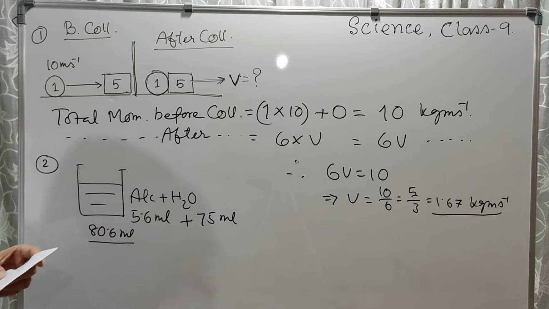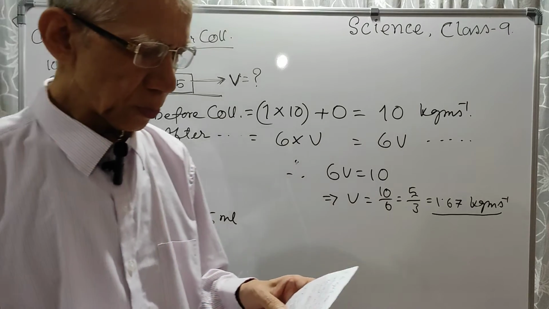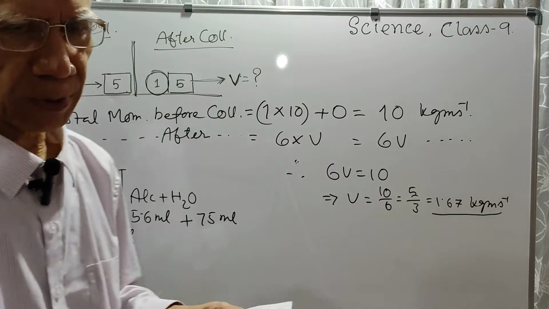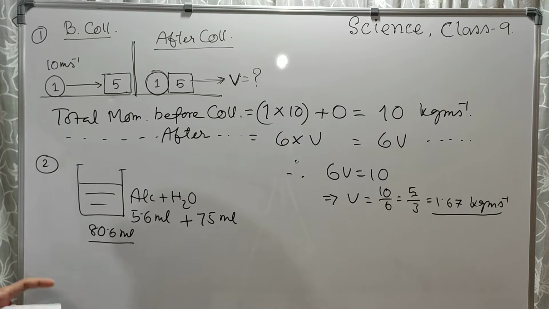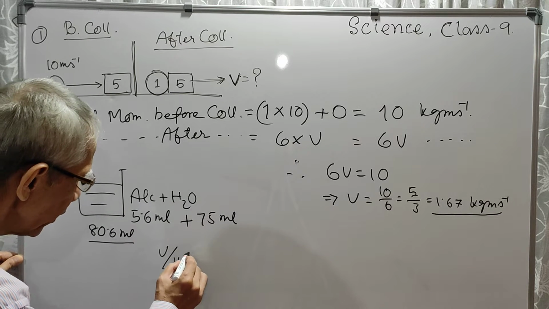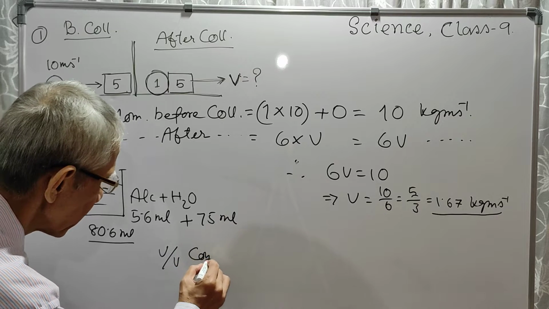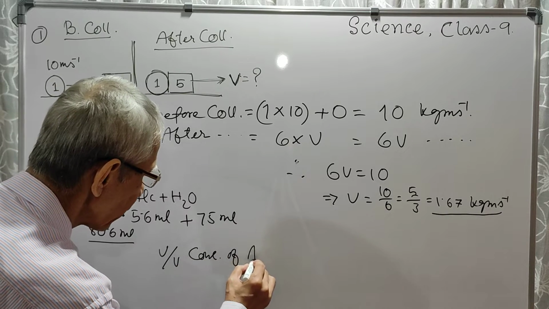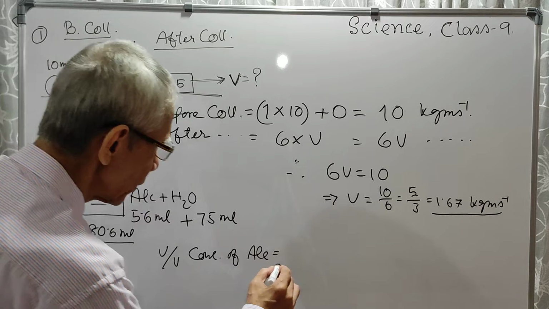Now you have to find out volume by volume concentration. Volume by volume concentration of what? Alcohol.